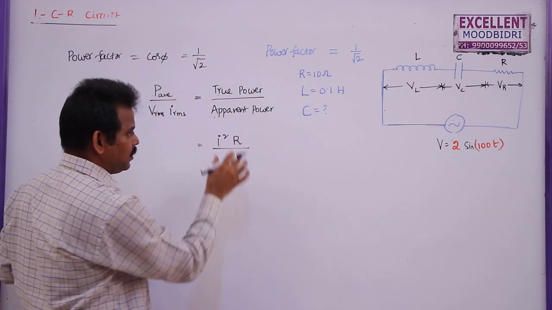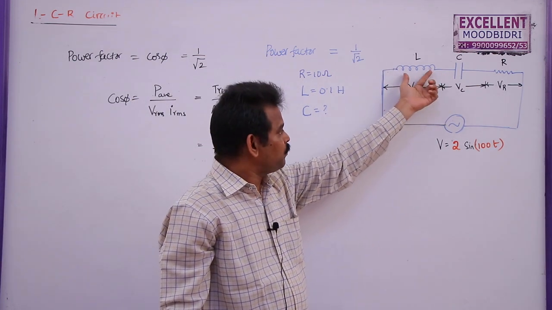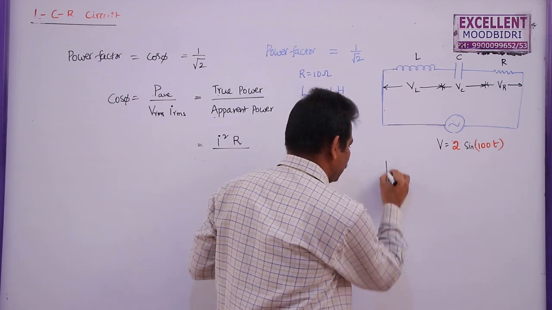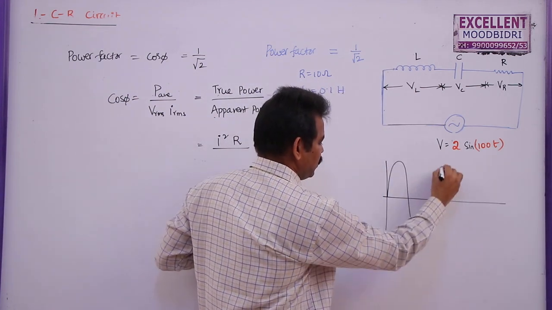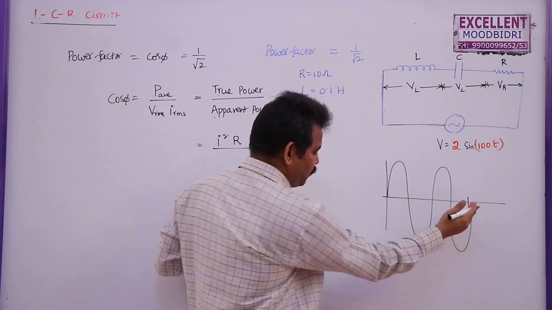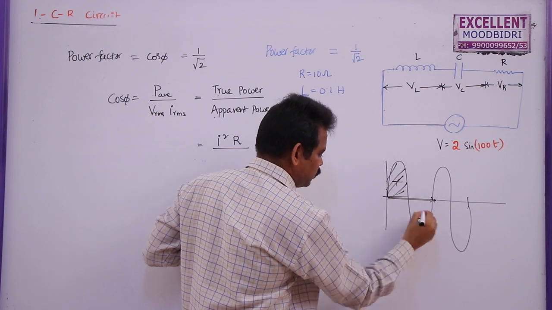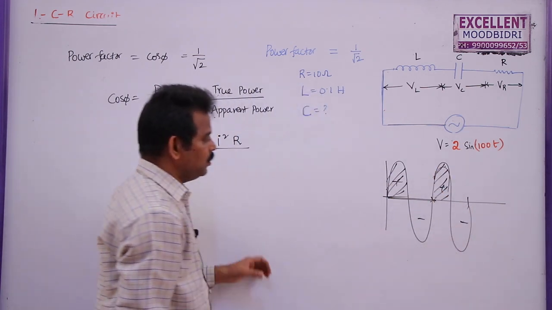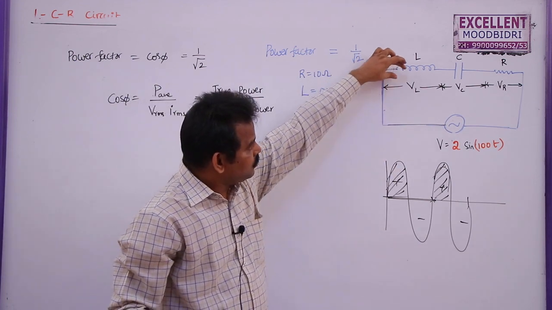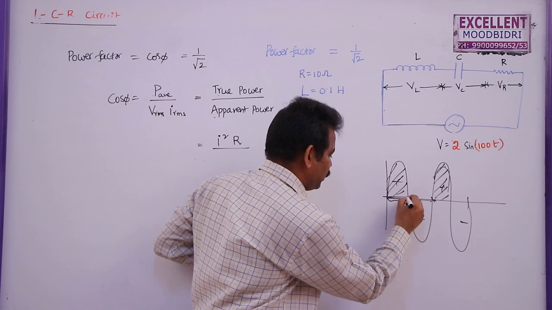And the apparent power is, apparently even these reactors consume some power, only for particular time periods. While explaining about the power, I explained this in a complete cycle. For half of the cycle, power consumed may be positive and negative. For the remaining half of the cycle, power can be positive and negative. So that means even this inductor and capacitor consume power for a particular time period.